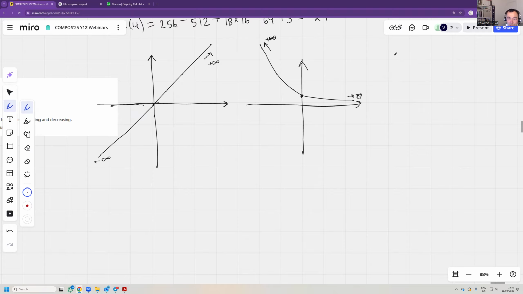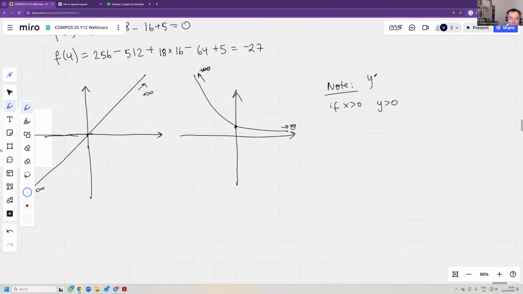So note, if x is positive, then y is positive. By y, I mean, okay, not that, f of x. Let's just use f of x. If x is positive, f of x is positive. If x is negative, f of x is negative.